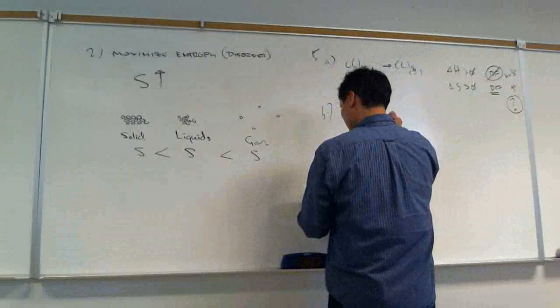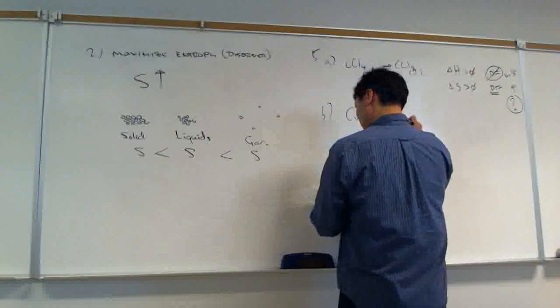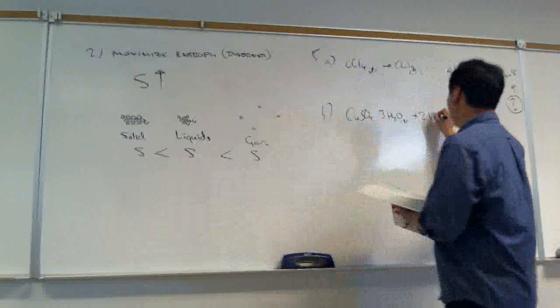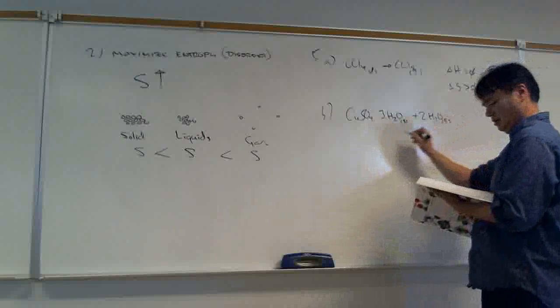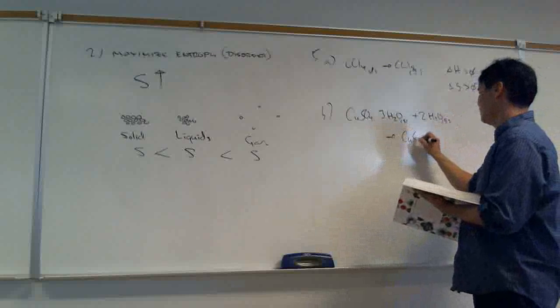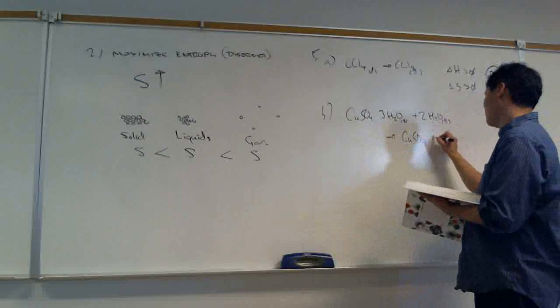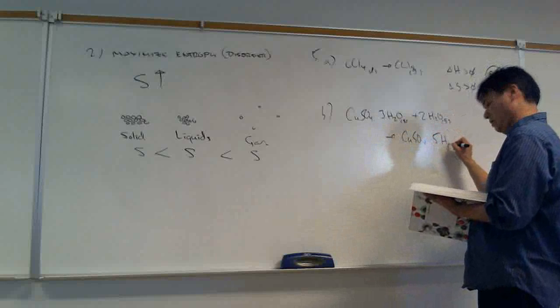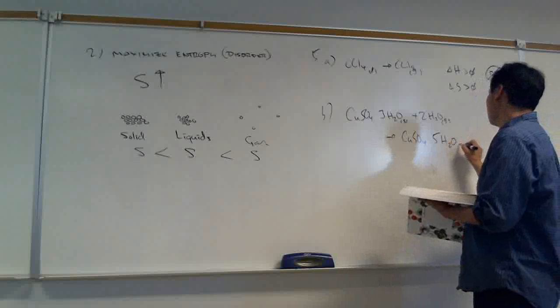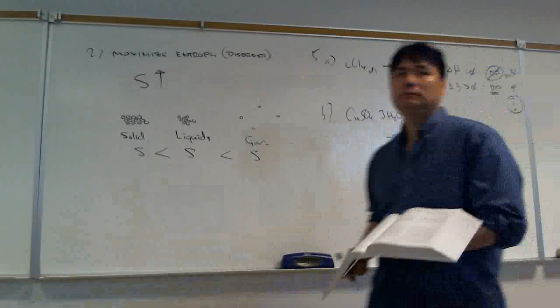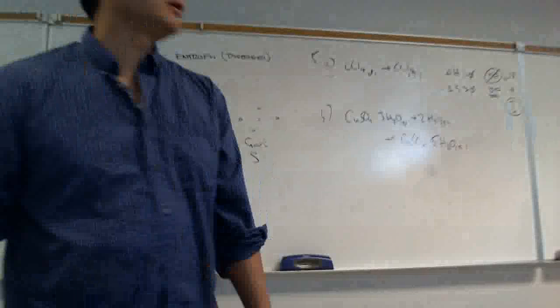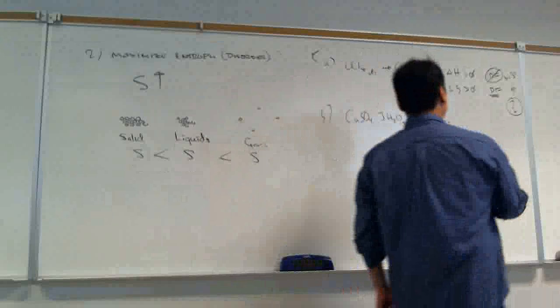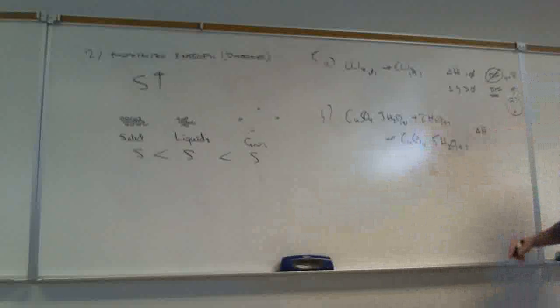Copper sulfate trihydrate, solid, plus 2H2O gas yields copper sulfate pentahydrate, or 5-hydrate, solid. All right, first, let's look at delta H. What do you think is happening with delta H there?